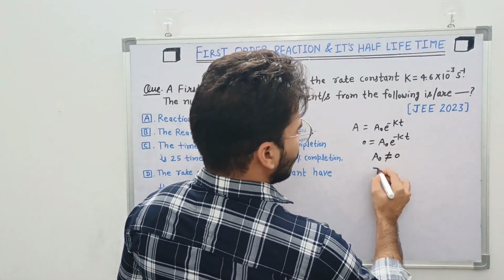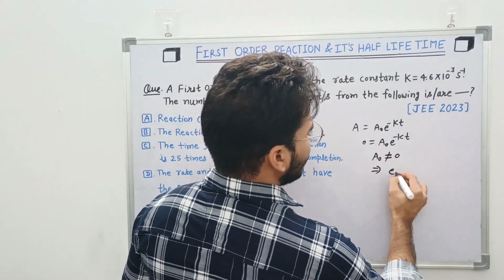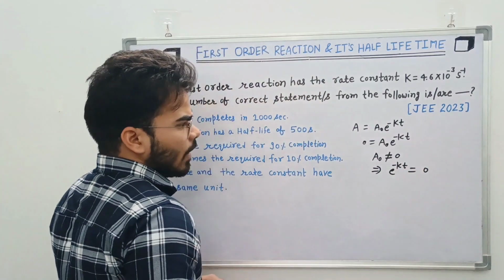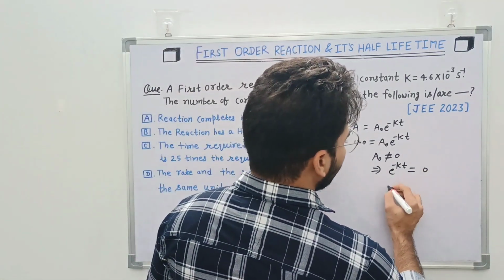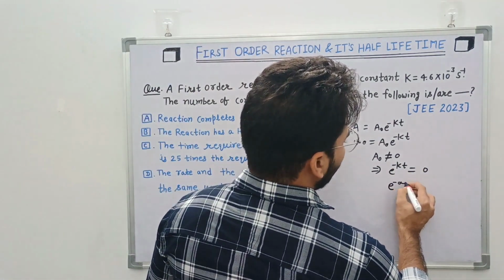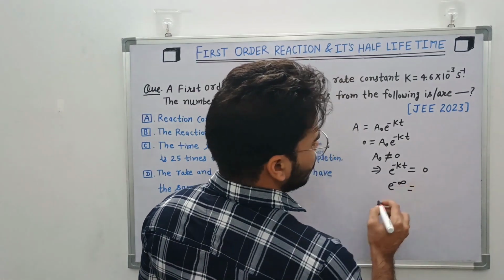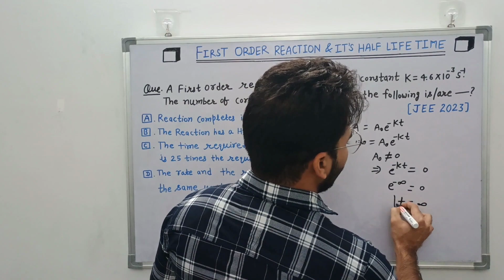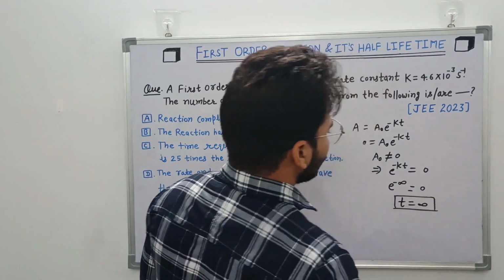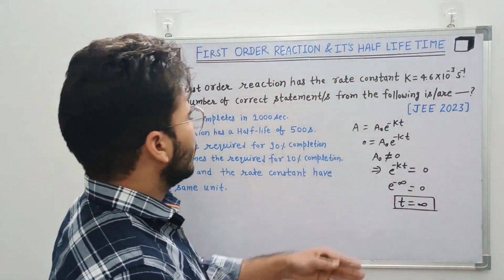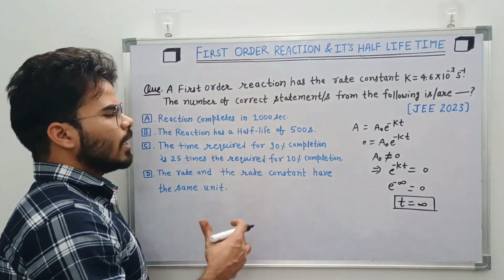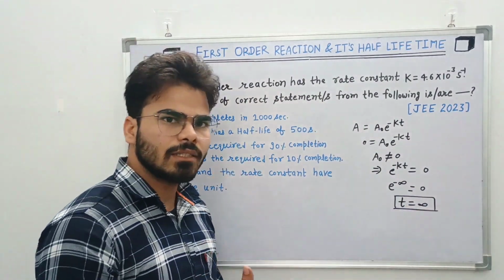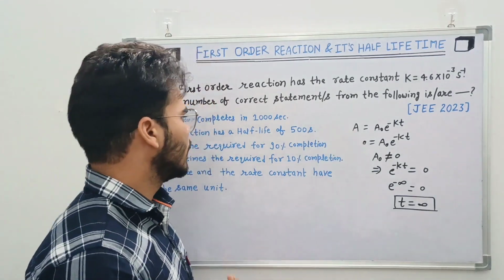Then this equation is only possible when e to the power minus kT is 0. And this is only possible when e to the power minus infinity is 0. It means t is equal to infinity. By seeing this, we can say that a first order reaction takes infinite time to complete. It means a first order reaction never completes.